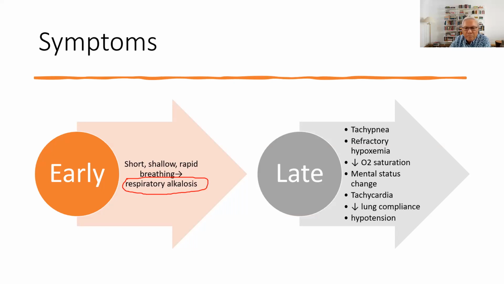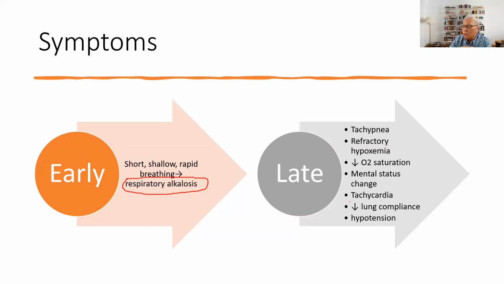Well, you will have tachypnea, you will have difficulty of breathing, you will have hypoxemia, even though maybe the patient might be receiving a high amount of oxygen, and this would be called refractory hypoxemia, when the patient's oxygen state is going to be compromised.